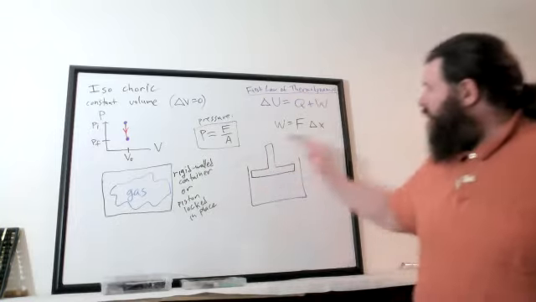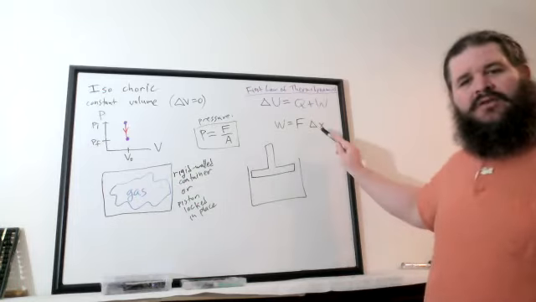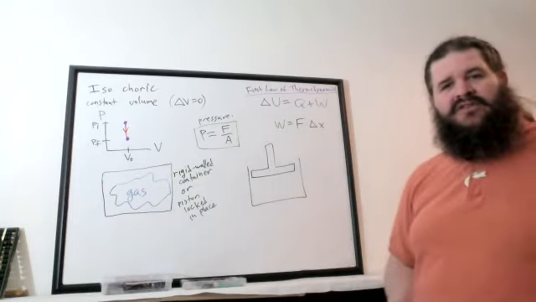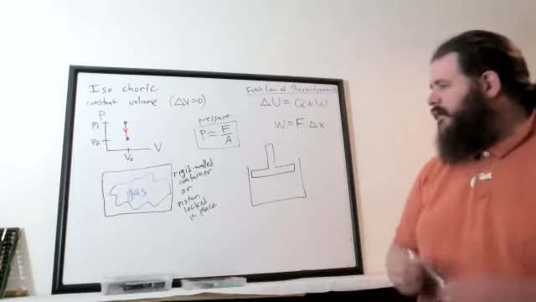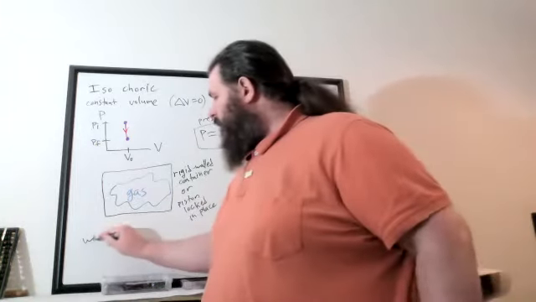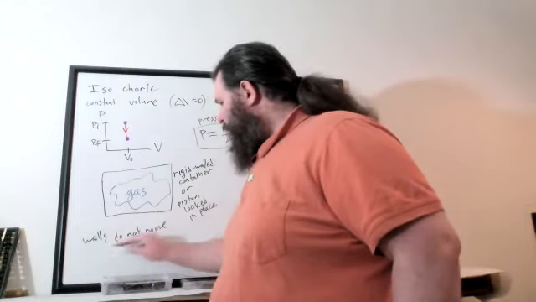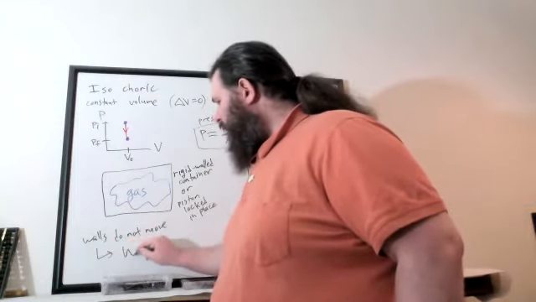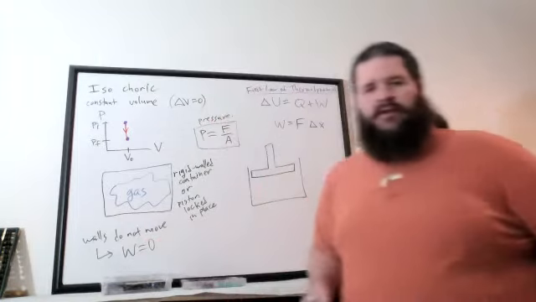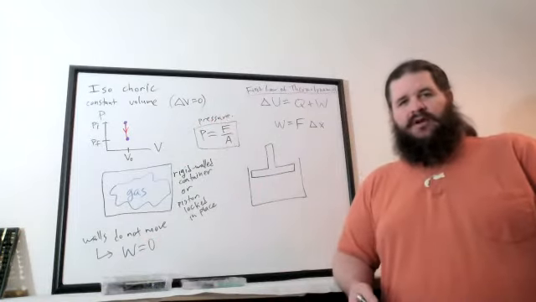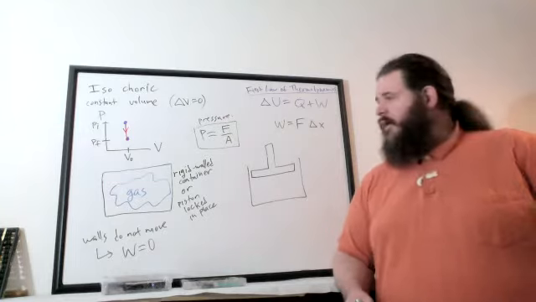Even though the gas is exerting a force on the walls, the fact that the walls are not moving means that this force does not also count as work. So walls do not move, and therefore work is 0. There is no work being done here. The walls are not doing work to the gas, and the gas is not doing work to the walls.